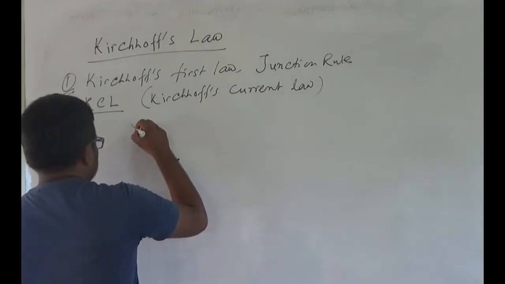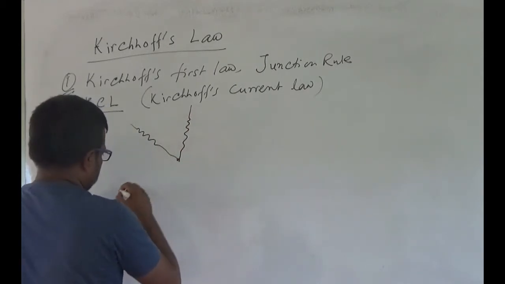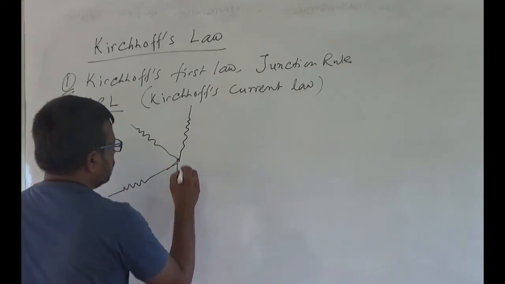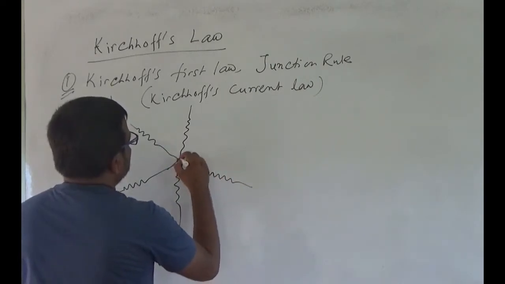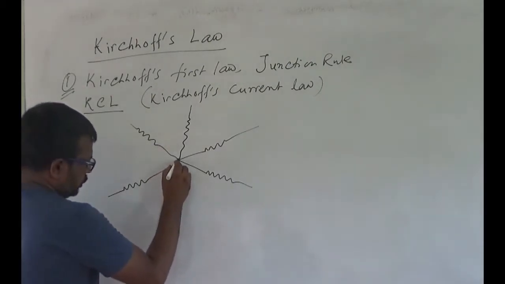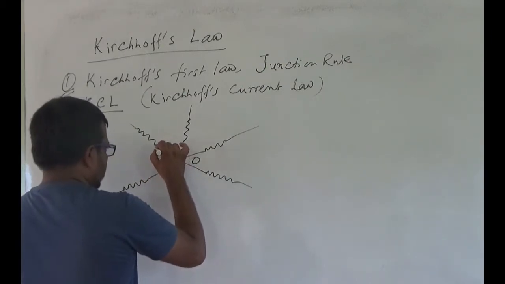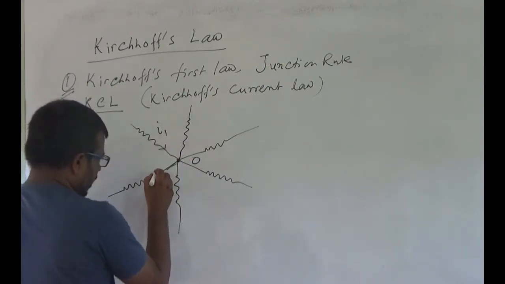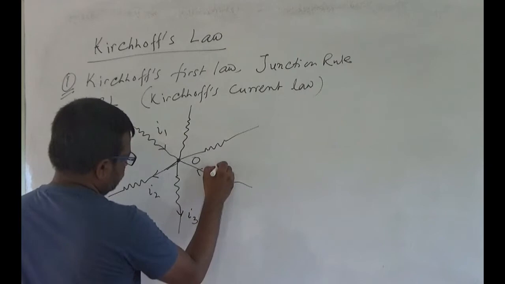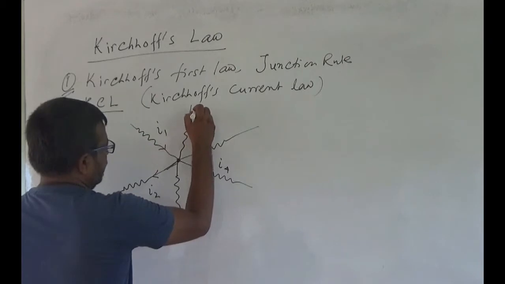Let us say these are different branches which meet at the point O. Let us say I1, I2, I3, I4, I5 and I6.